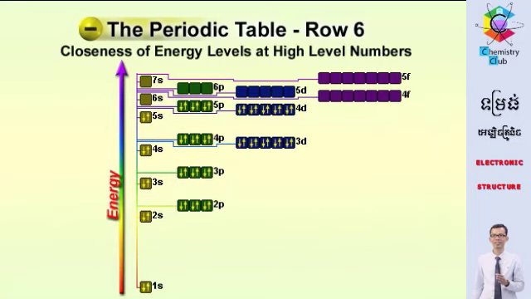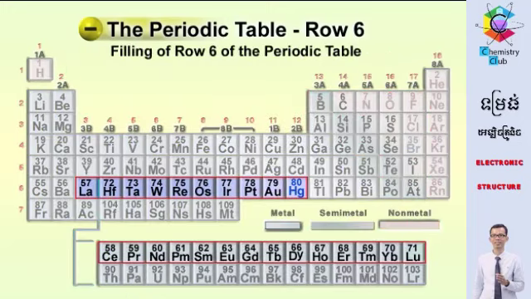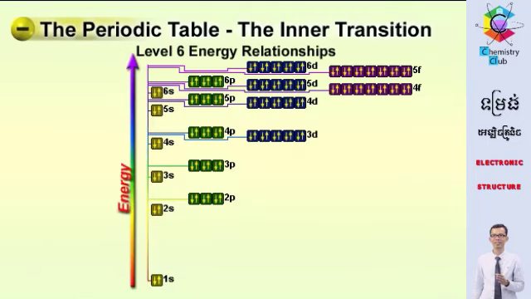However, we still have the 4f, 5d, and 5f sublevels as leftovers from the lower levels yet to be filled. The 4f and 5d are done in row 6. The 5f must wait until row 7. The new feature in row 6 is the filling of the 4f sublevel, an inner transition series that is 14 elements long.